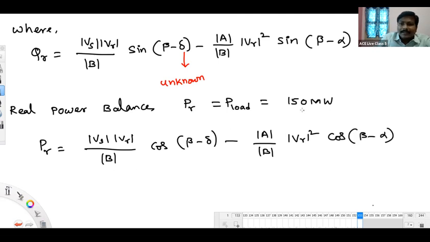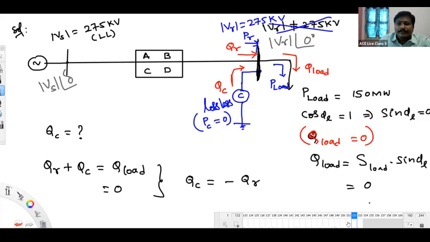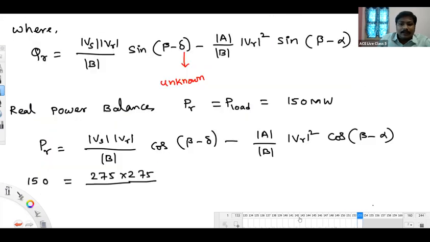So for PR, I will substitute 150 mega. Kilo square, mega, we'll keep it there. VS VR is 275 kilo, 275 kilo square. Mod B is 200, cos of beta minus delta, where beta is 75 degrees and delta is unknown.